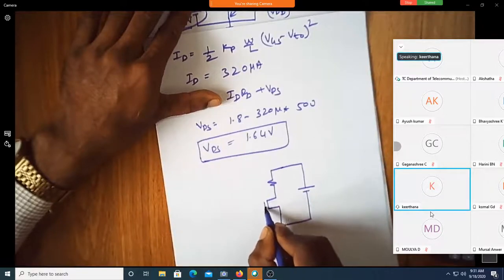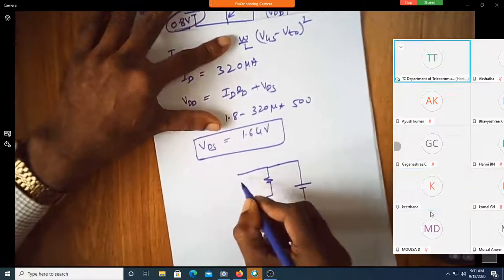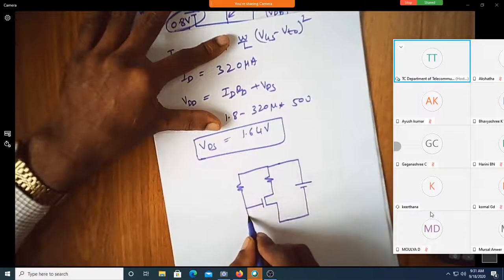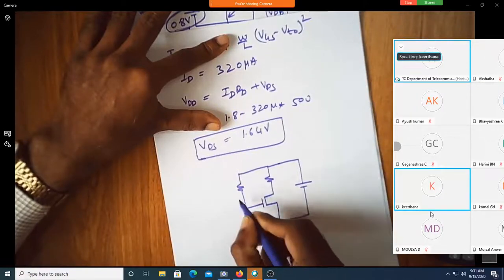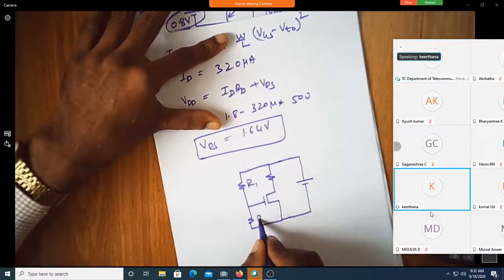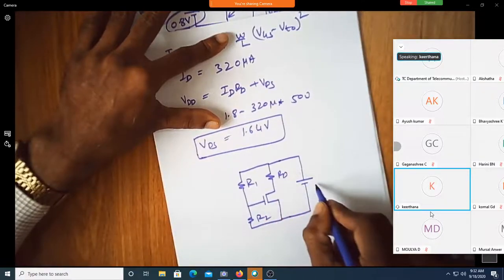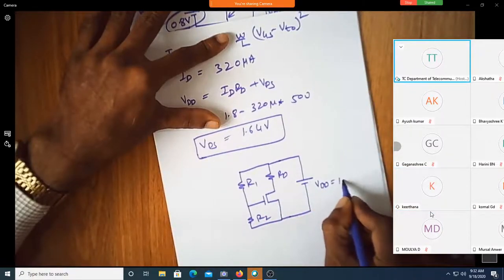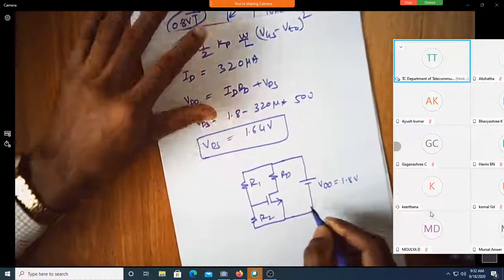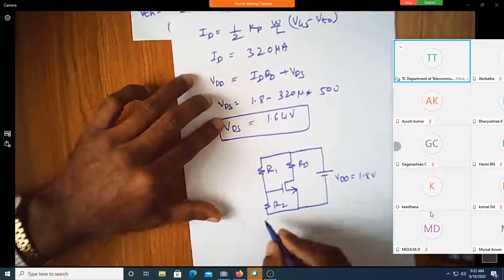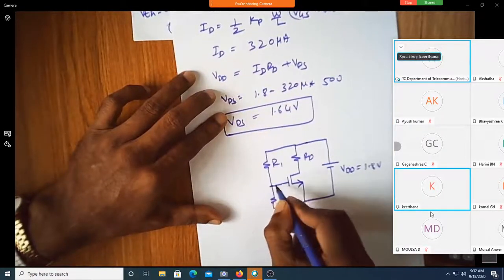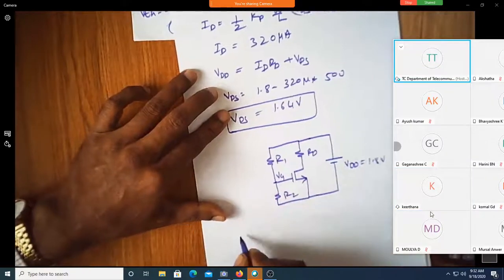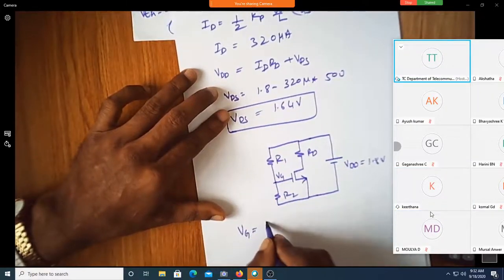It is this. You can see now I'm using two more resistors, which will give me R1, R2, RD. This is VDD equal to 1.8 volt. This is NMOS. Now if I call it VG, VG should be how much? 0.8 volt.